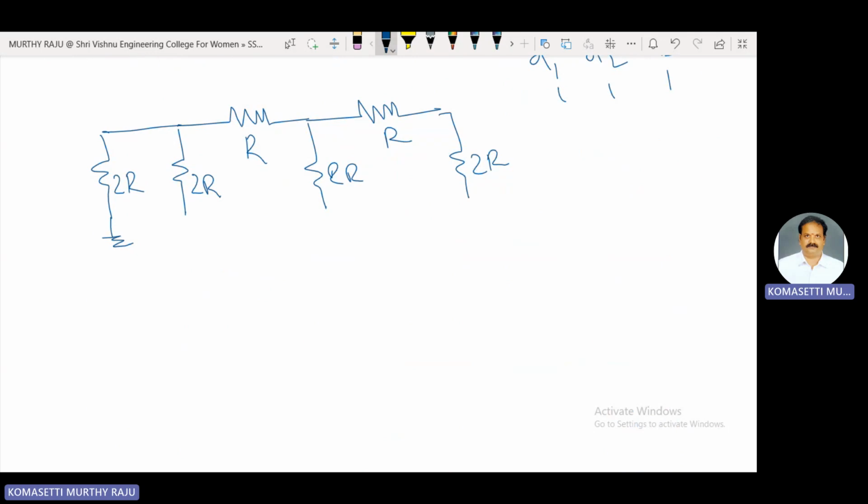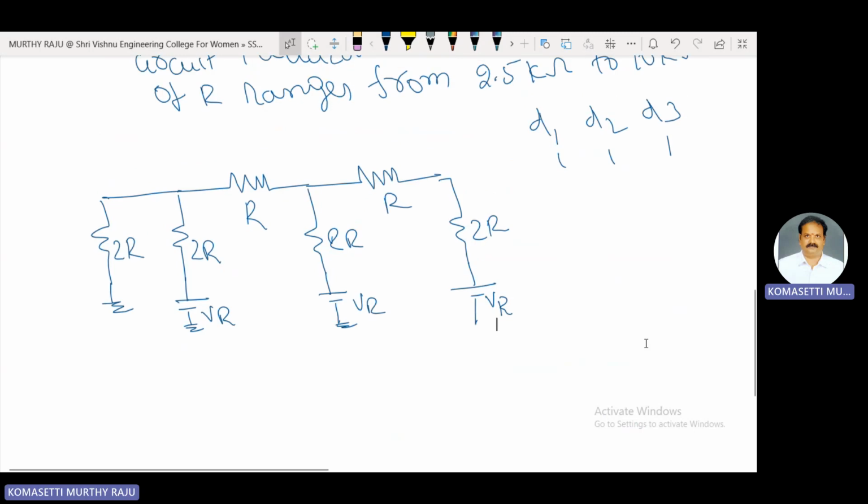This is the reference voltage VR, because D1, D2, D3 equal 1. Here D3, D2, D1.